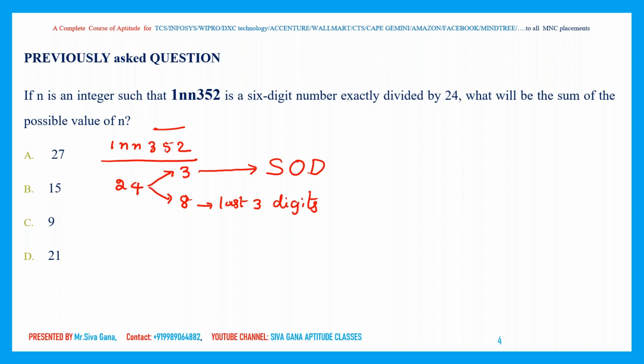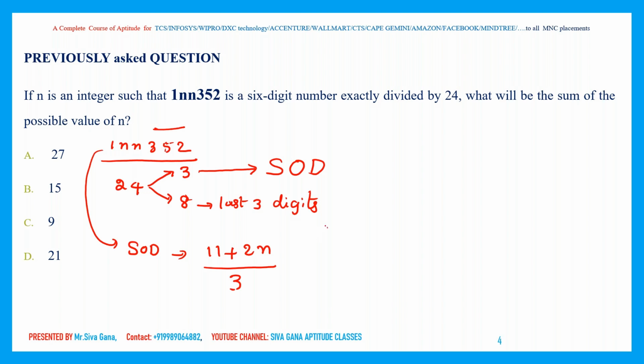Sum of the digits. If the sum of the digits is divisible by 3, the number is also divisible by 3. So I'm calculating the sum of the digits: 3 plus 5, 8, plus 2, 10, plus 1, 11. 11 plus 2n must be divisible by 3, right?